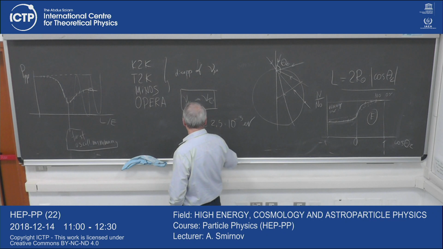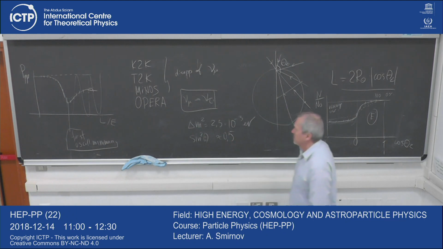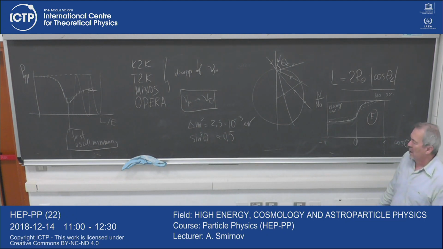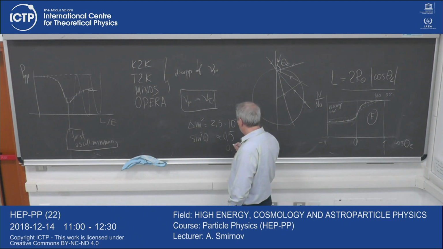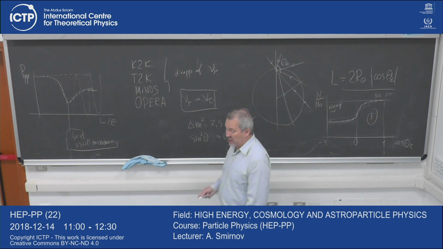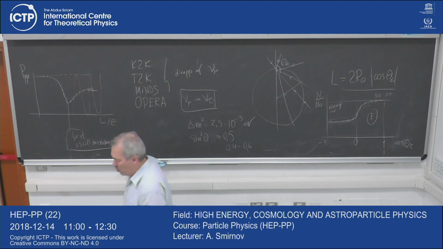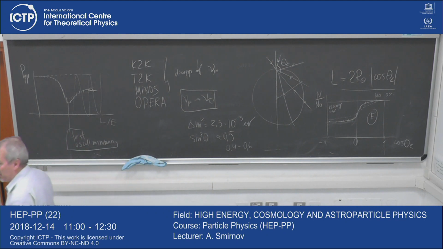And surprisingly, the mixing is close to maximal. Sine square theta is approximately 0.5. Sorry, without the 2: sine square theta is 0.5. With the error bars, it is something between 0.4 and 0.6, and actually the present best fit point corresponds to something like 0.55. So, absolutely different from quark mixing.